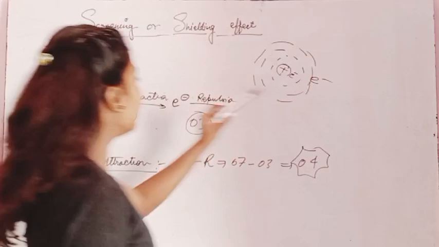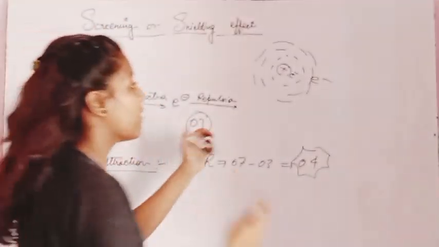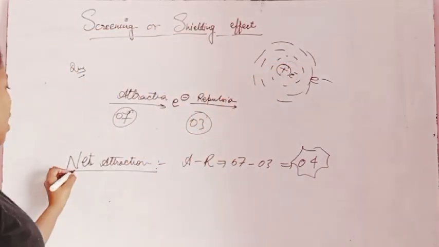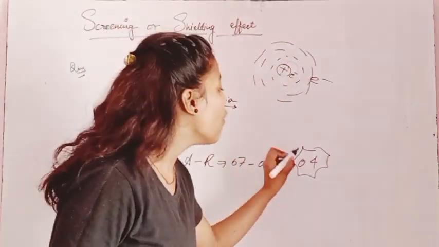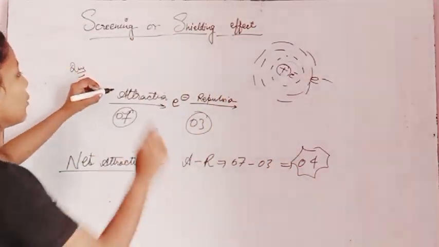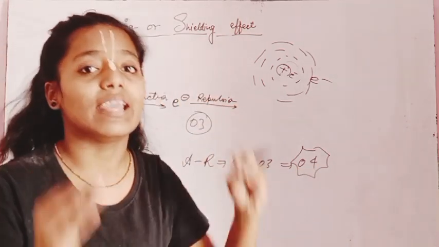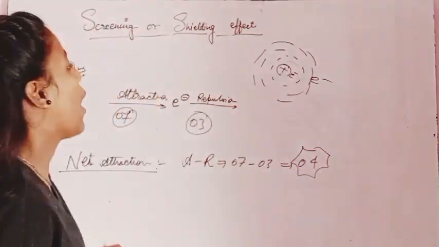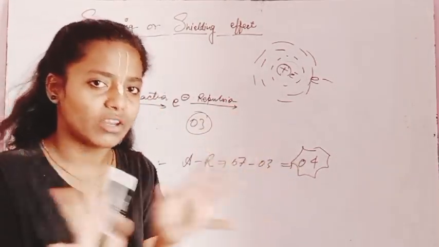But what is happening is, due to some kind of repulsion of the innermost shell, that particular electron on the outermost shell is getting 4 units of attraction. It means the attraction it should have received from the positive charge, it is instead receiving in less quantity. Now everyone, these two pictures have been clear to you.